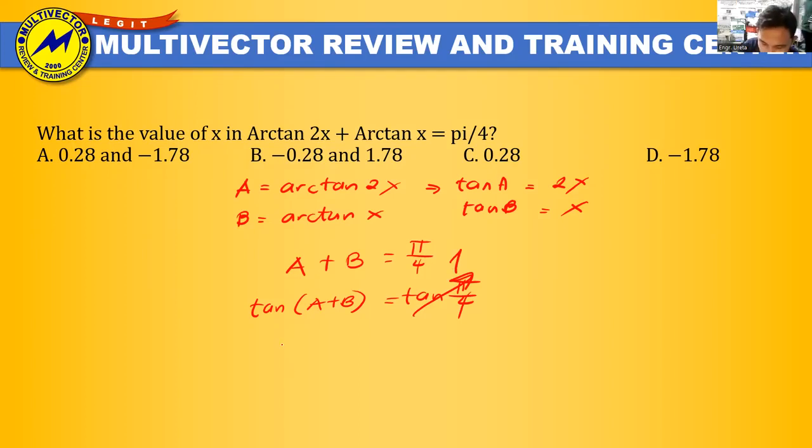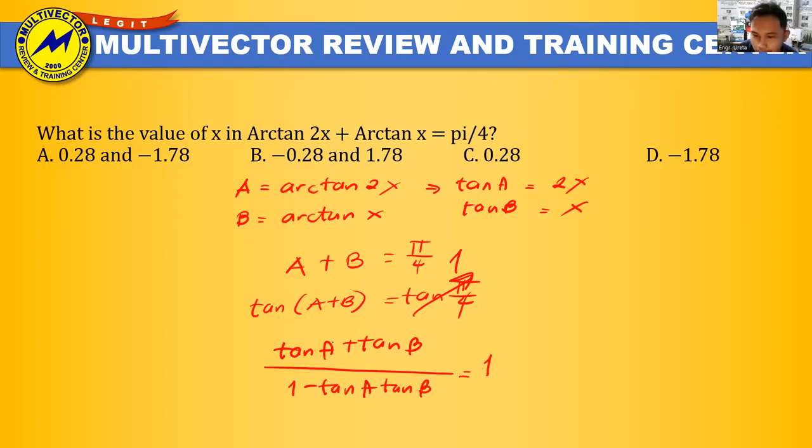So, identity lang ng tangent A plus B. Tangent A plus B is equal to tangent A plus tangent B all over 1 minus tangent A tangent B, is just equals to, saan equal? Sa 1. Since ang tangent A natin is just 2x, rewrite lang natin siya dito: 2x plus x all over 1 minus 2x times x is just equals to 1.